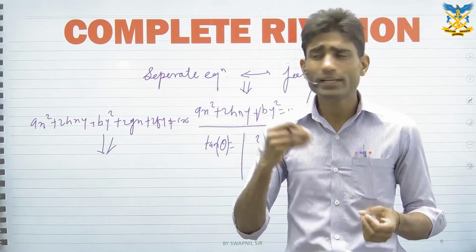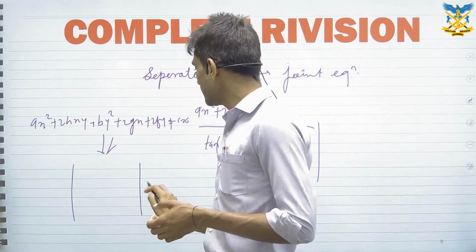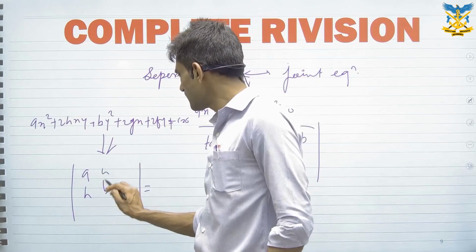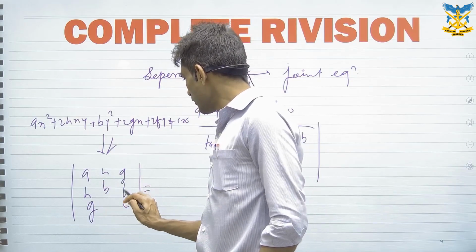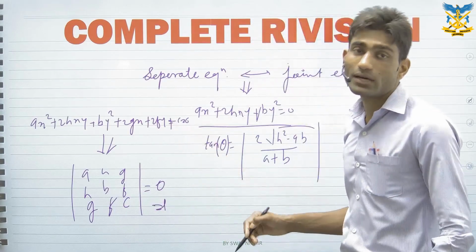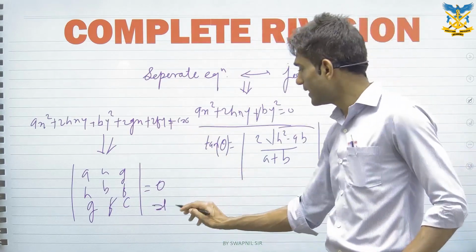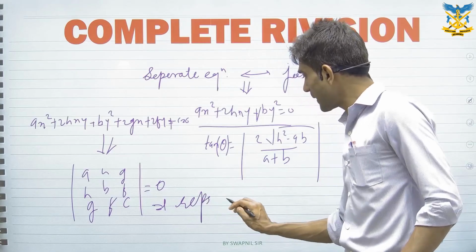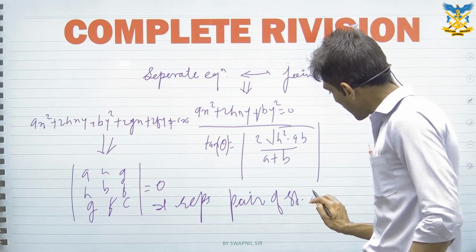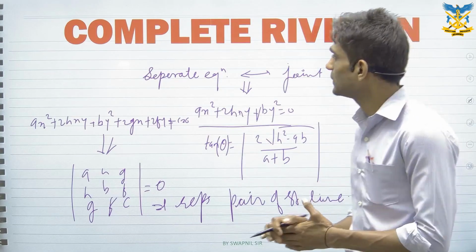Which determinant? The determinant with rows a, h, g; h, b, f; g, f, c. If that determinant goes to 0, our given equation represents a pair of straight lines.